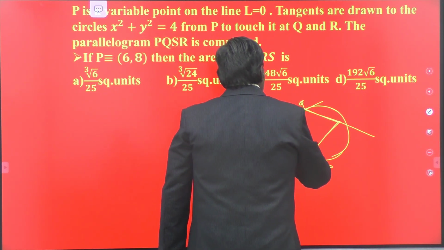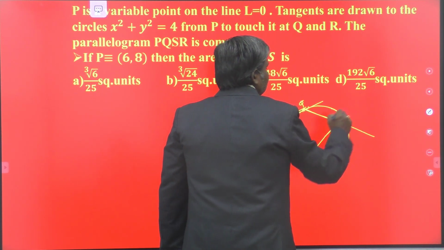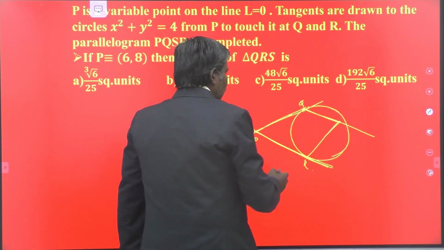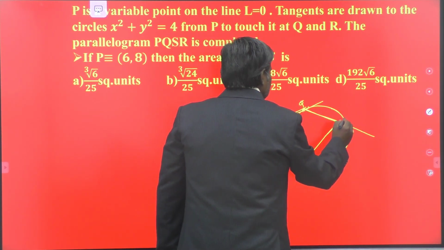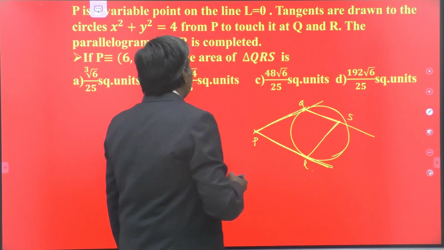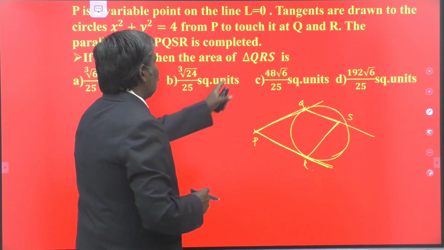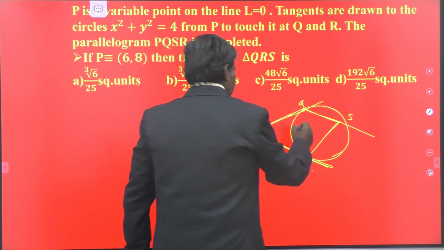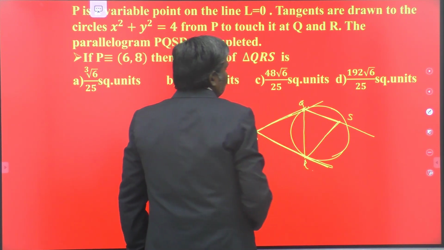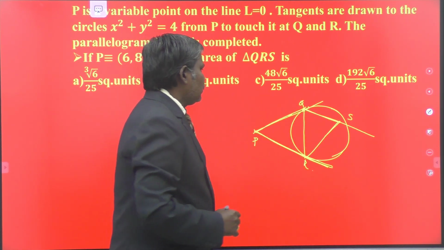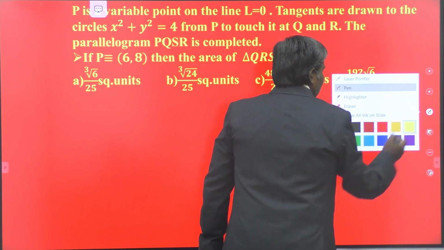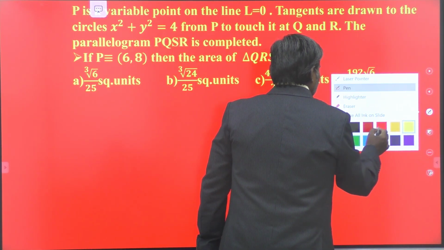We are completed. The point of intersection may be outside, whatever it may be. Don't worry. This is S. We have to find the area of triangle QRS. This is QR. Am I correct or not? We have to find the area of this triangle QRS.